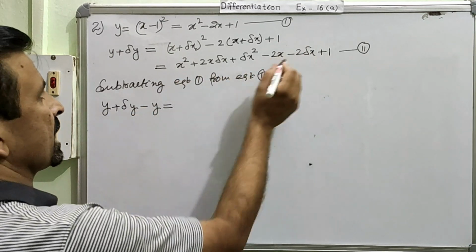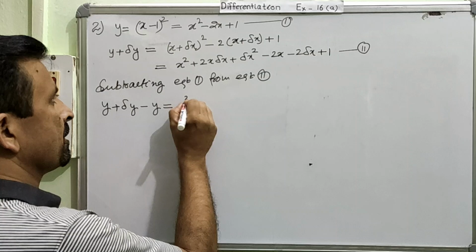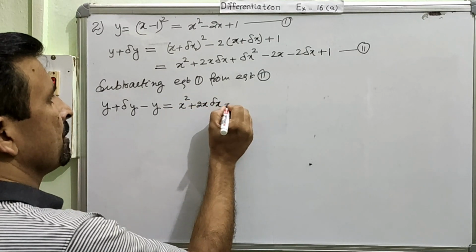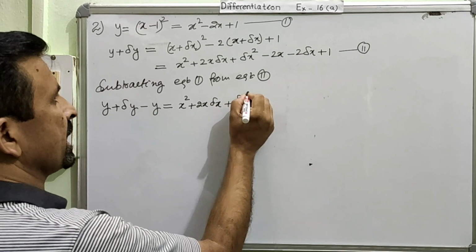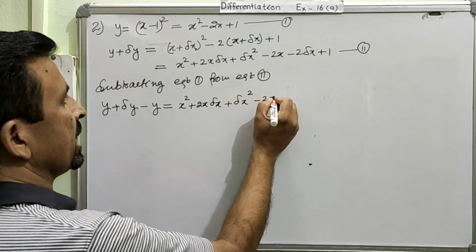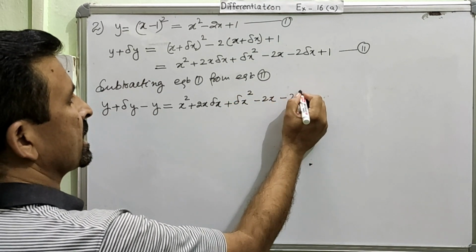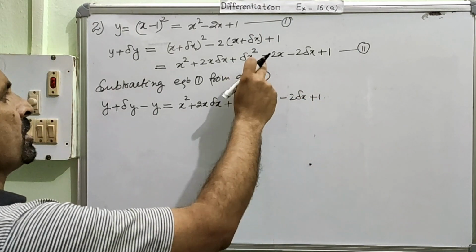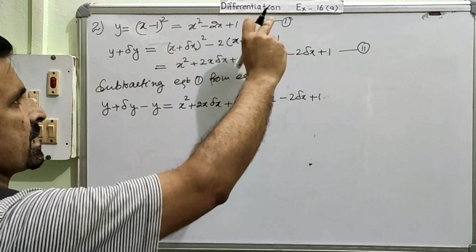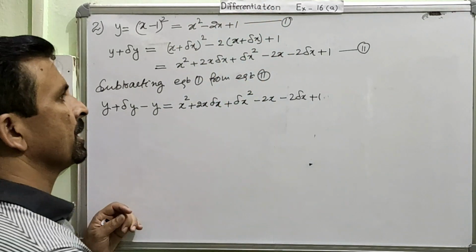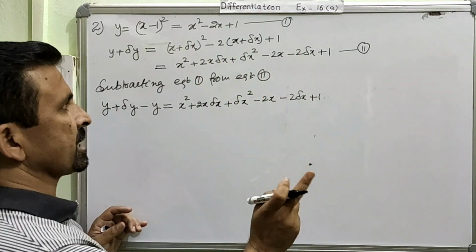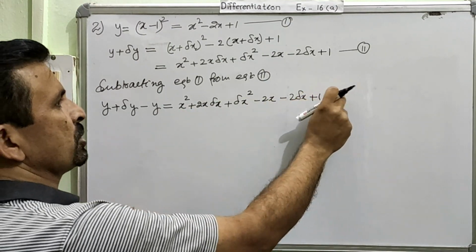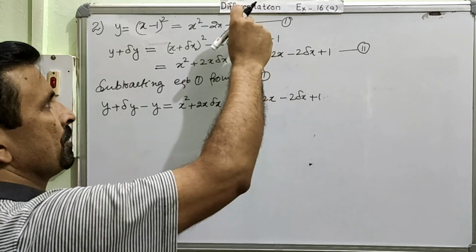On the right hand side, first of all we'll write this part: x square plus 2x delta x plus delta x square minus 2x minus 2 delta x plus 1. After this we are going to write down the right hand side of equation number 1. Since there is subtraction, after writing this part we are going to put a minus sign and then write this one.